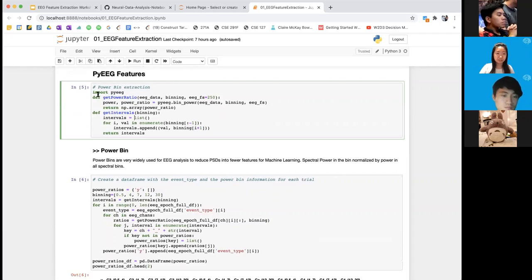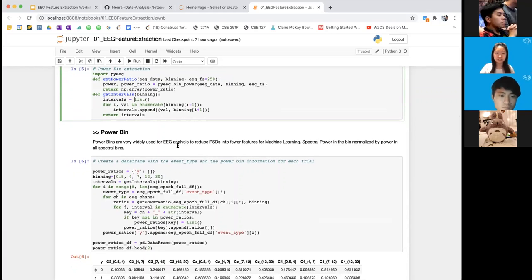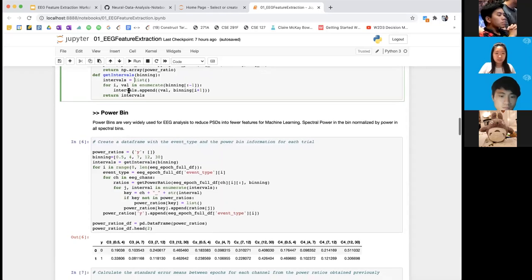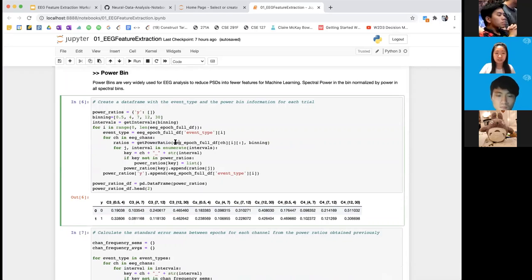PyEEG features are just some helper methods for getting the power ratios and things like that, and intervals. When we want to get the power bin, we want to do this for every single trial. So you have a signal for each trial for each channel, and we get the power ratio of that EEG signal for that specific binning.